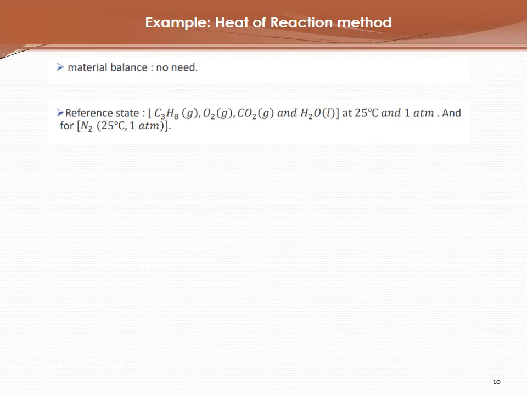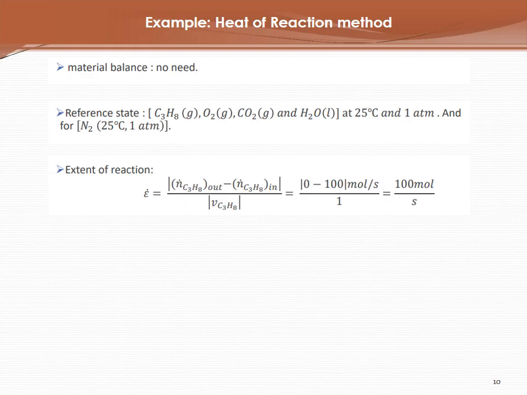We also choose the same reference state for nitrogen, which is not reacting here. If you refer to Table B8 in the appendix of the book, you will find a table for nitrogen, which also has a reference at 25 degrees Celsius and 1 atmosphere. When we choose this reference state, we can easily calculate the enthalpy. That's why we are using the same values for nitrogen as well.